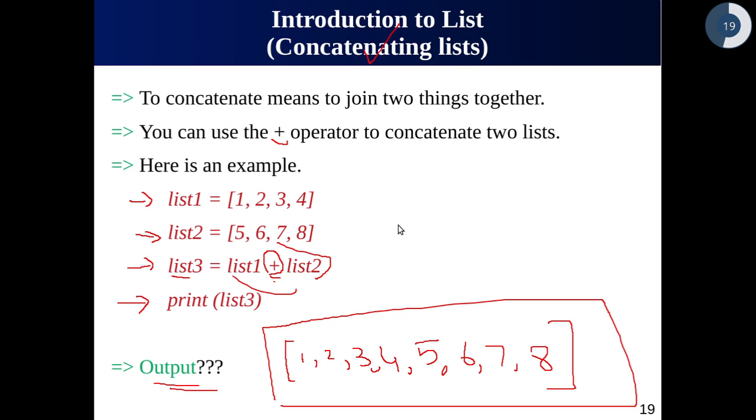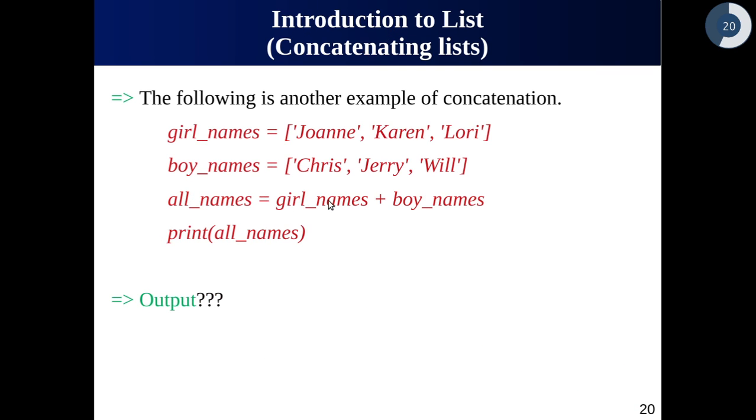That is not the only case. Instead of combining integers, you can also combine strings. For example, you have two lists. One of the lists contains the girls' names, the second list contains the boys' names, and you want a list that will contain all the names, including the girls' names and the boys' names, and they are string constants. So you can do it as well.